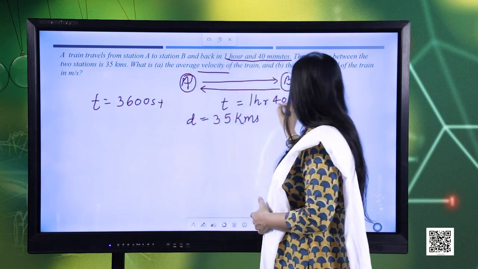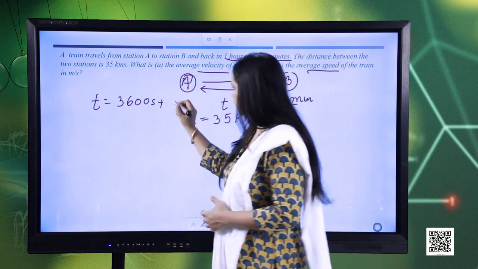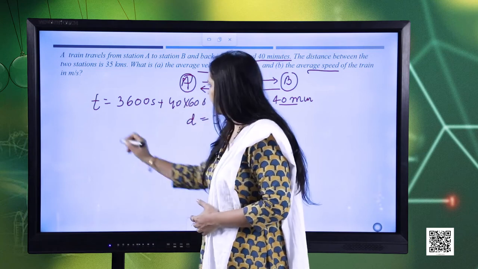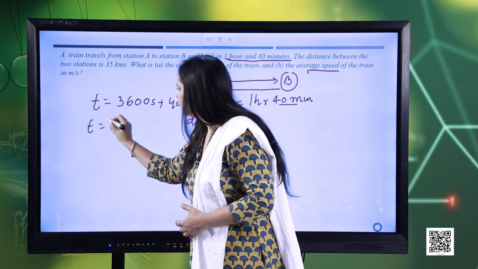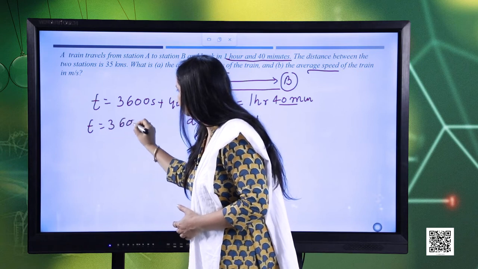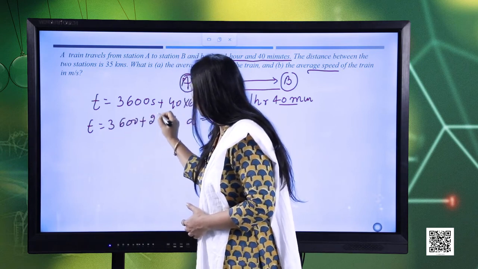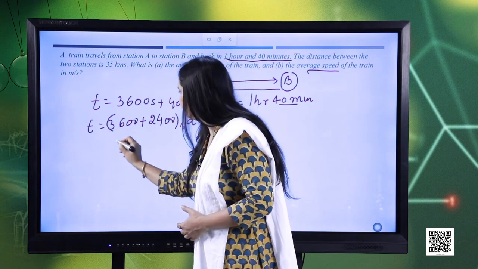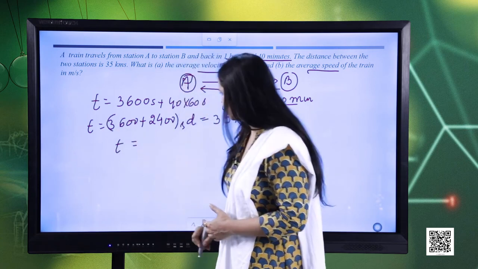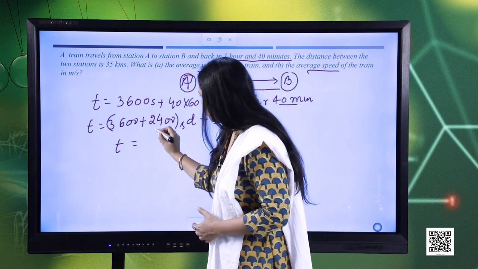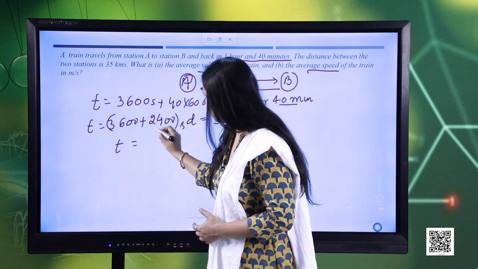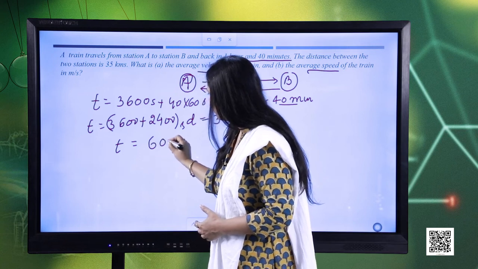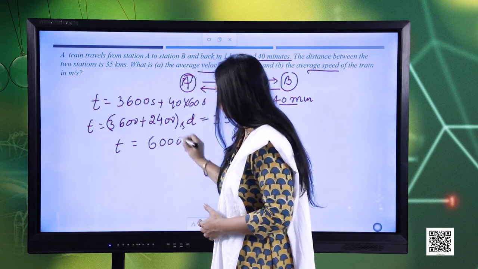plus 40 minutes, which we need to convert, we get 40 into 60 seconds. So we get the total time as 3600 seconds plus 2400 seconds. Adding up, we get time equal to 6000 seconds.